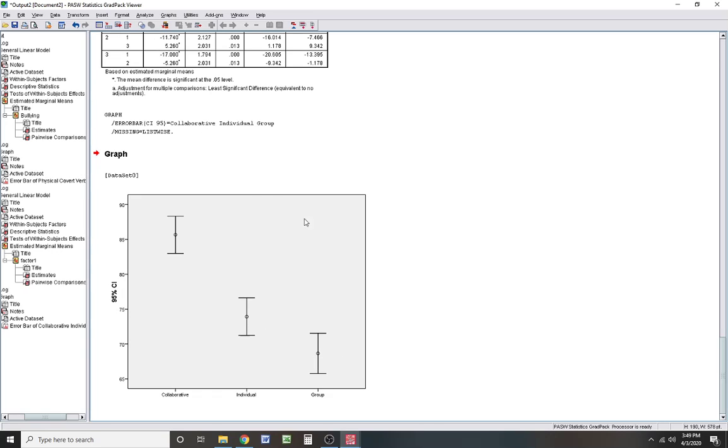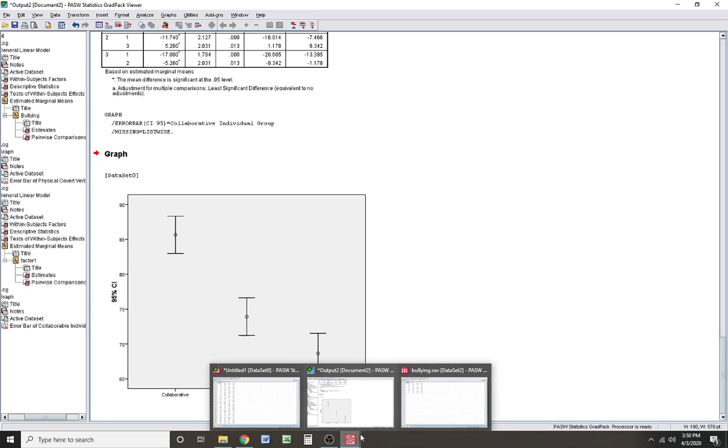So even though we were able to say groups were significantly different, this bar graph is just a really nice way to show it, and it shows it much better than the numbers would. So on your lab report, I would really like for you to include the bar graphs that I have given you in the output. So that is now all I have for repeated measures ANOVA.